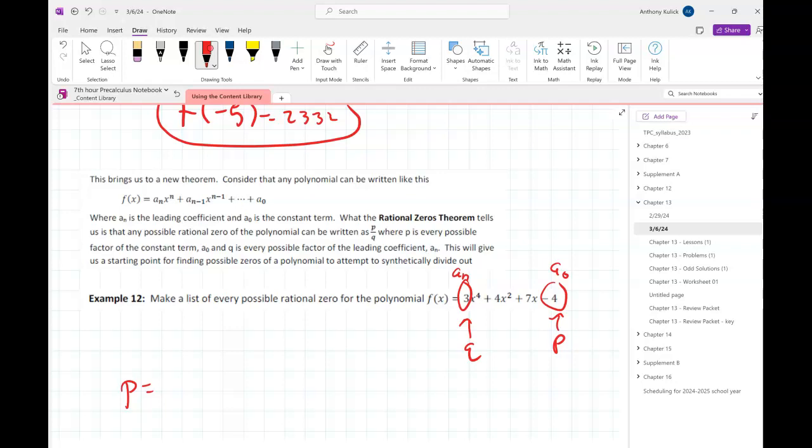So what are all the factors of -4? Someone tell me a factor of -4. 1, great. What else? 1 will be on every list of factors, right? 2, yep. What else? 4, come on, guys. 4 divides itself.